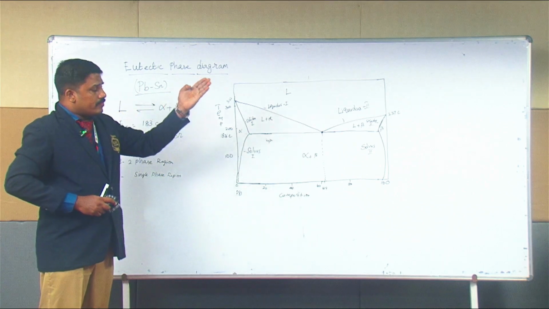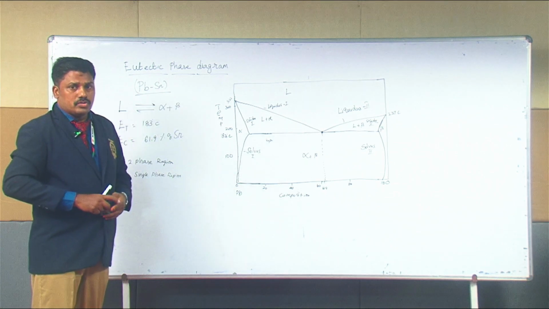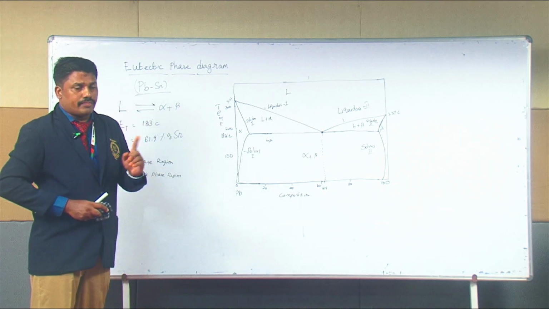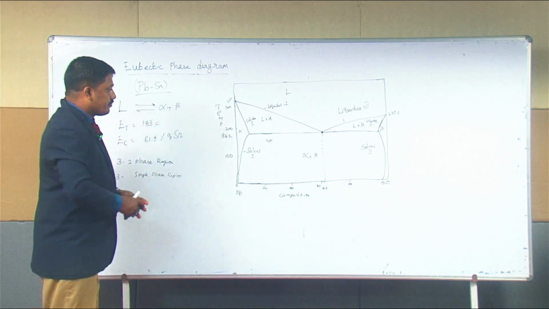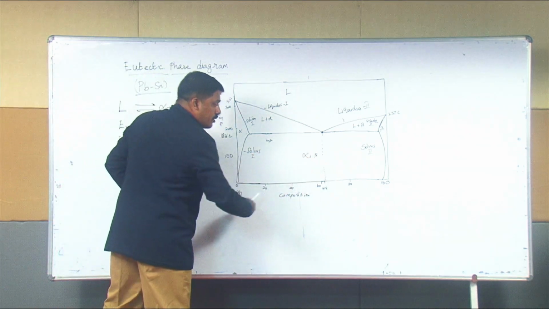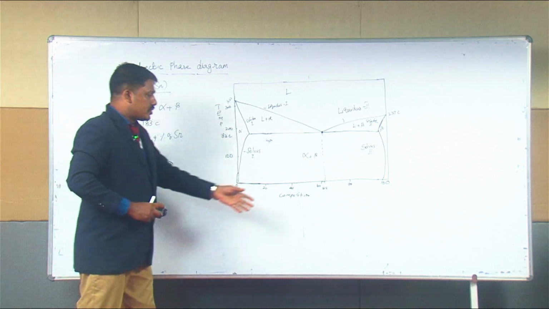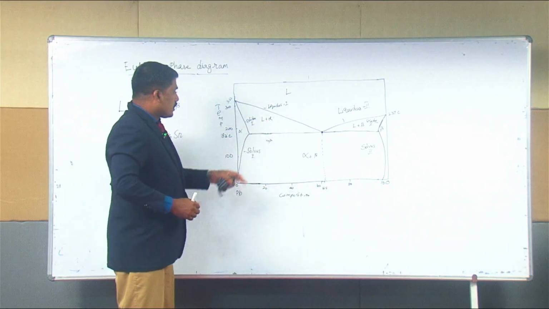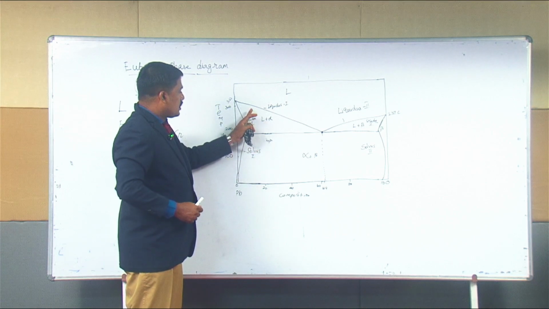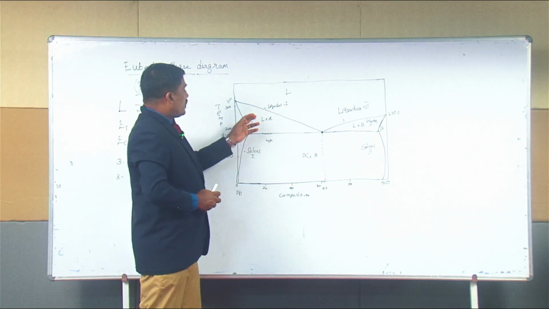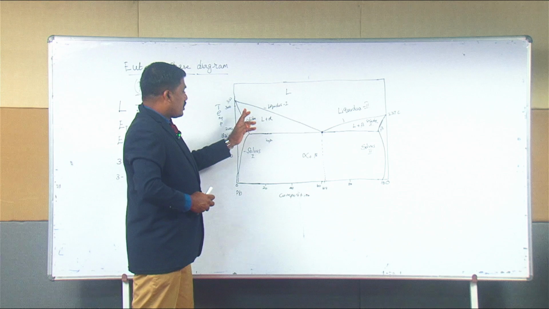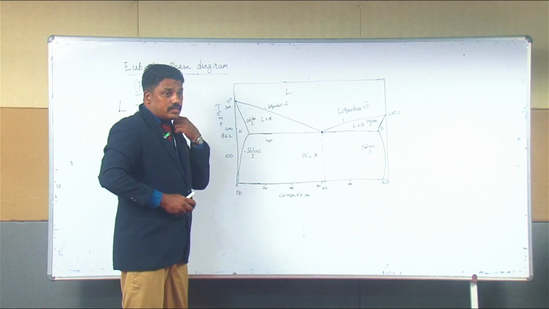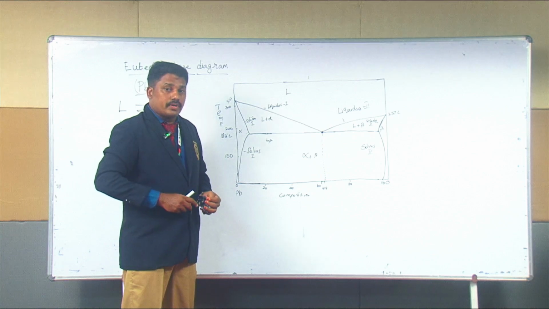So exactly at 183 degrees Celsius, the liquid changes from liquid to solid. But before the composition value of 61.9, in this region, the lead starts the solidification.